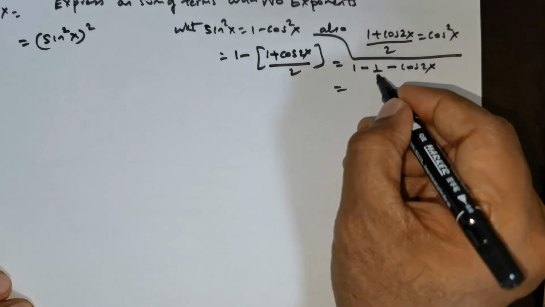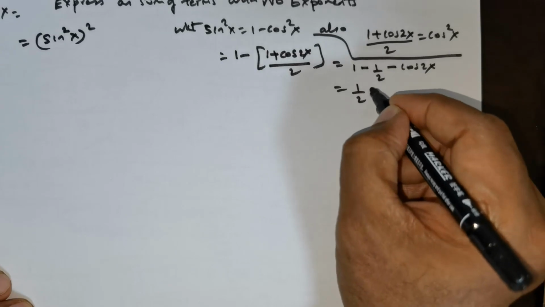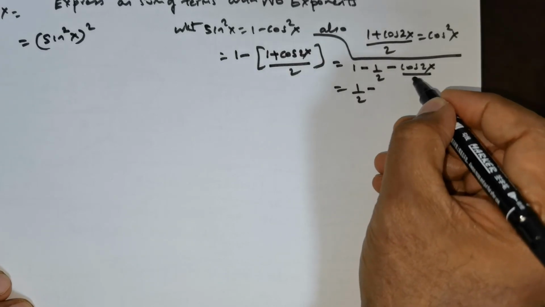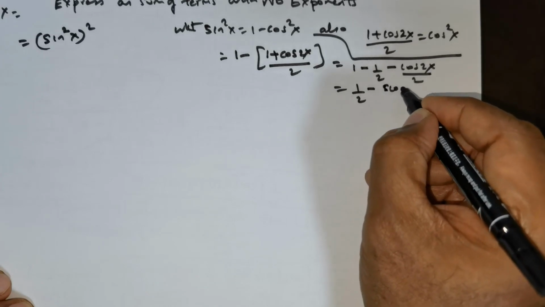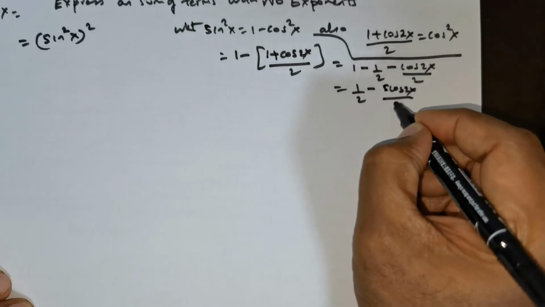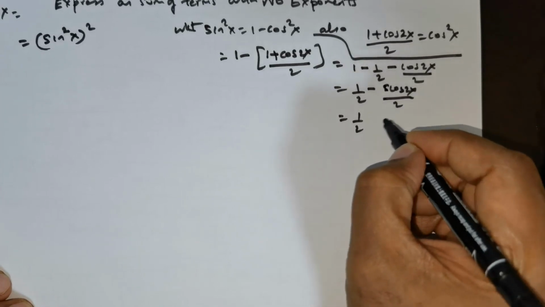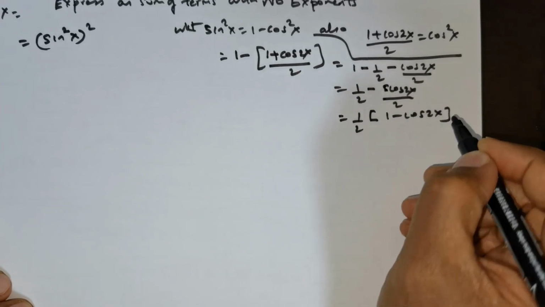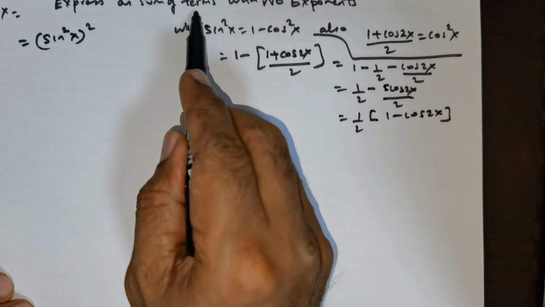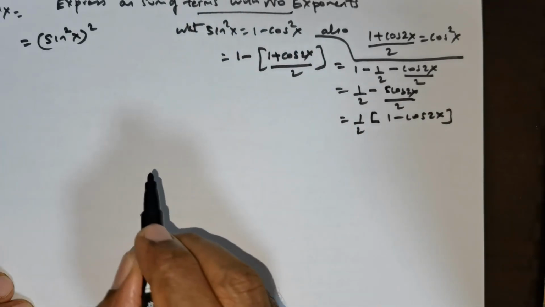1 added with -1 over 2 will give me 1 over 2, of course there is a 2 there, followed by cos 2x over 2. I can rewrite this as 1 over 2 times 1 - cos 2x. Now why did I do that? Because of the question's requirement.